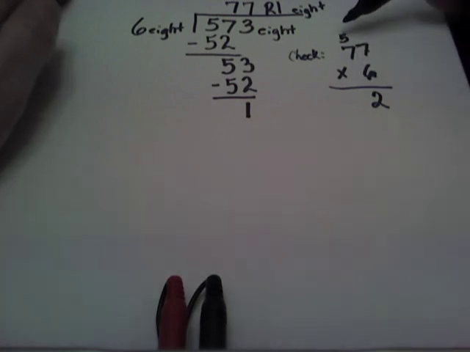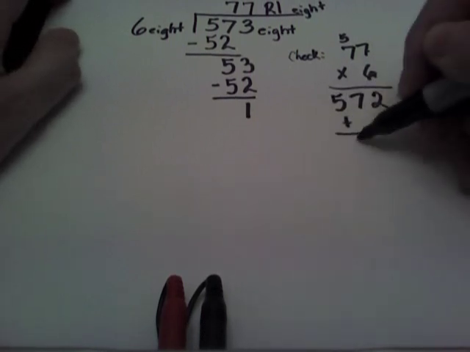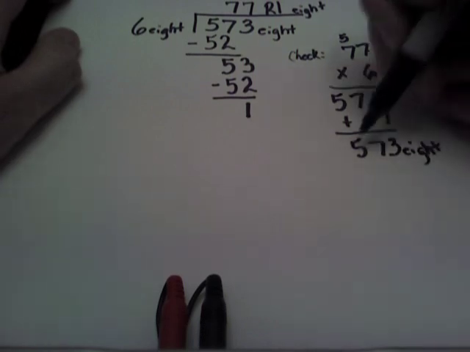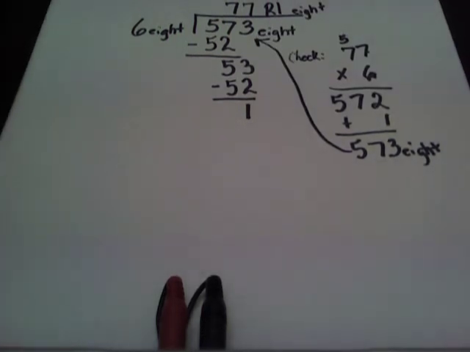Add in the 5, we have 57. Add in the 1 remainder, and we have 573 in base 8, which corresponds to my dividend that I started with. So I know my answer is correct.